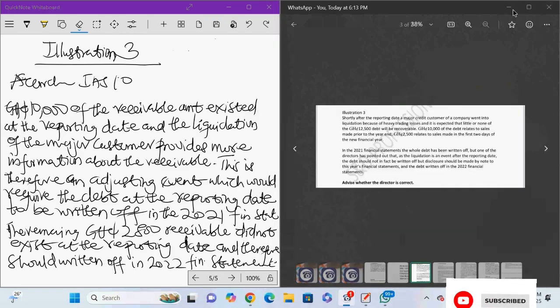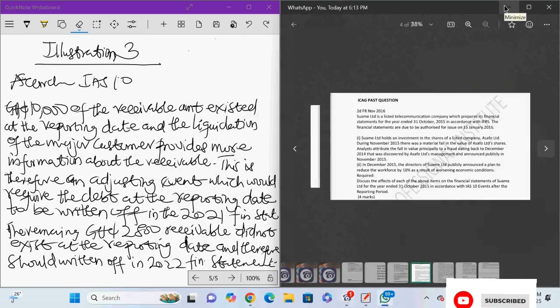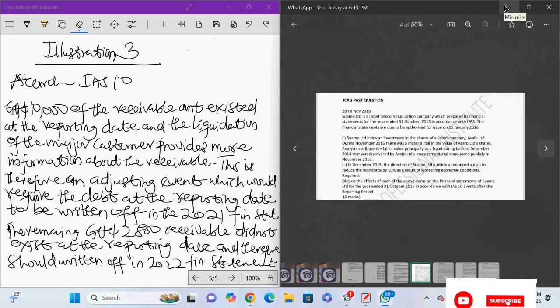To the next question. Swami Limited is a listed telecommunication company which prepares its financial statements for the year ended 31st October 2015 in accordance with IFRS. The financial statements are due to be authorized for issue on 15 January 2016.